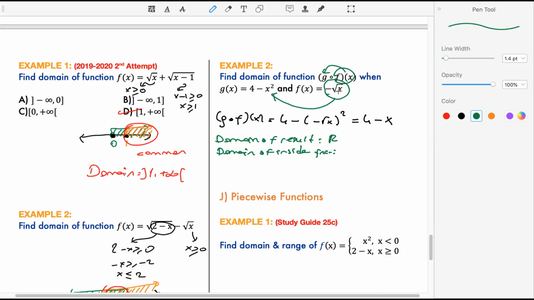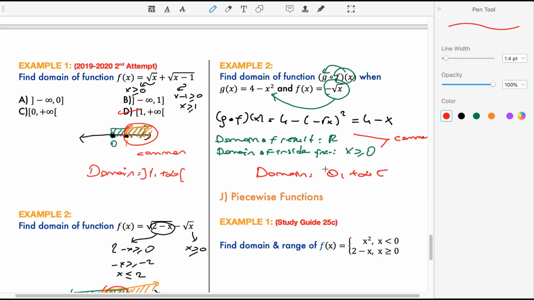It's a radical function, so for radicals, take the stuff under the radical and set it as greater than or equal to 0. So what is the common part between them? Take the common part, the intersection part. Greater than or equal to 0 and all real numbers, so it is the smaller one. x greater than or equal to 0 is the domain of the composite function.